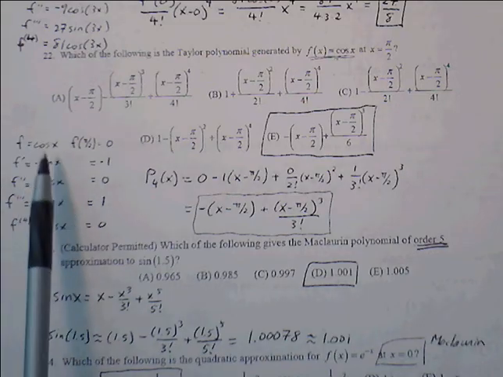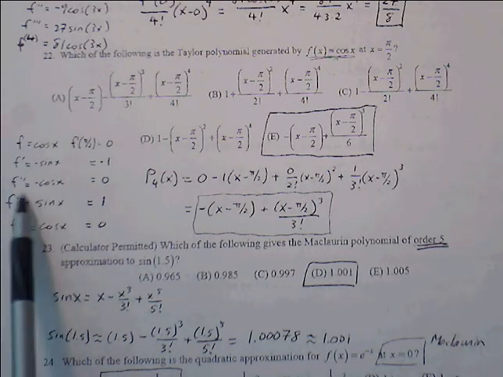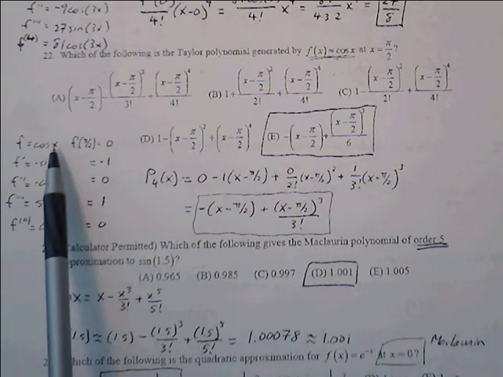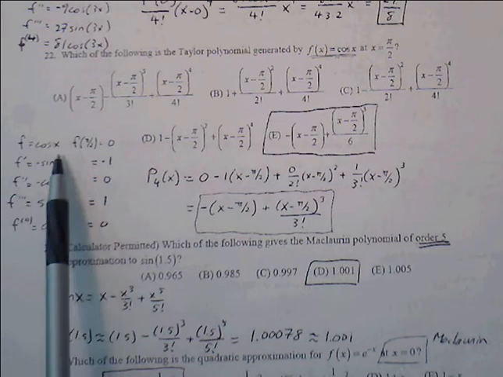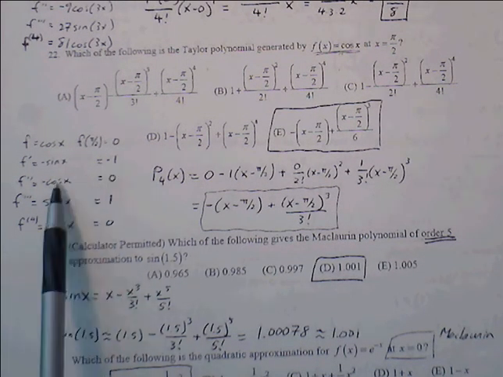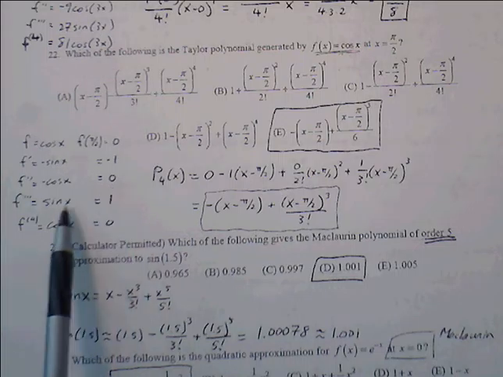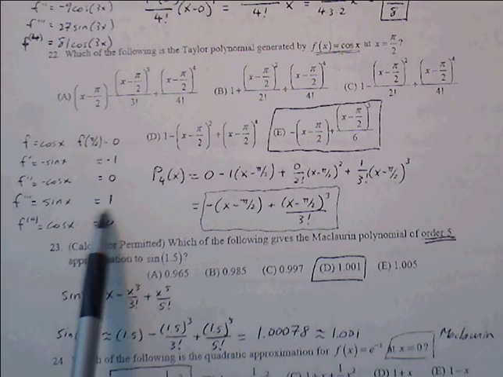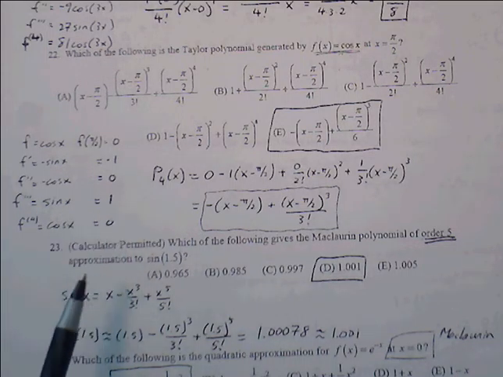We evaluate each derivative at our center, pi over 2. So cosine of pi over 2 is 0, negative sine of pi over 2 is negative 1, negative cosine of pi over 2 is 0, sine of pi over 2 is 1, cosine of pi over 2 is 0.